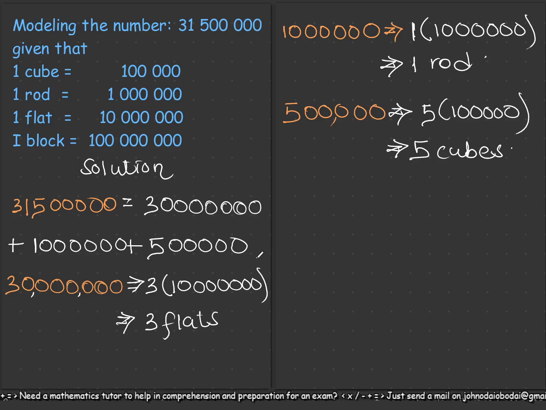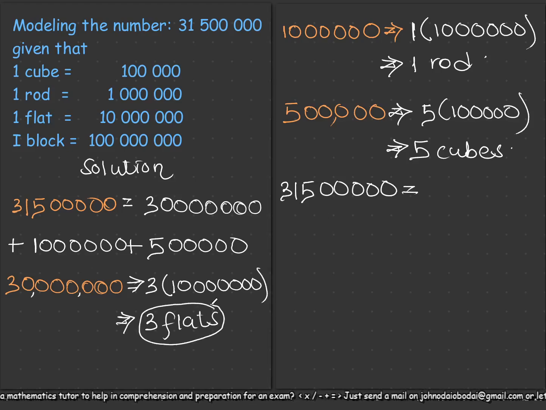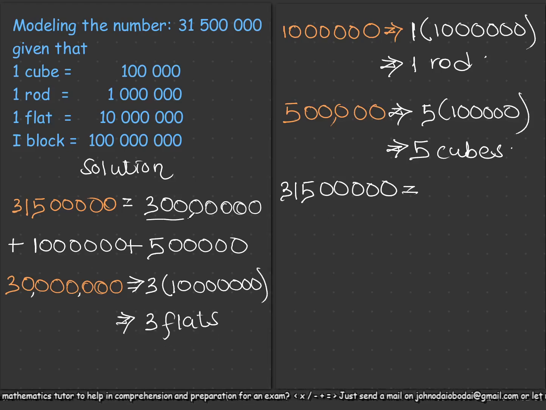So we then come and say that it implies that this number which we were given, 31,500,000, is then going to be what? 3 flats. So this time we are not repeating the expanded form we wrote over here, but using these ones.